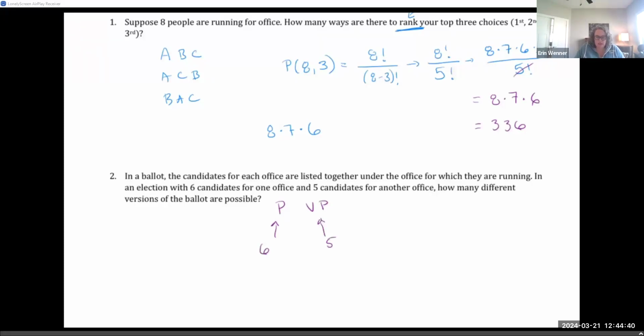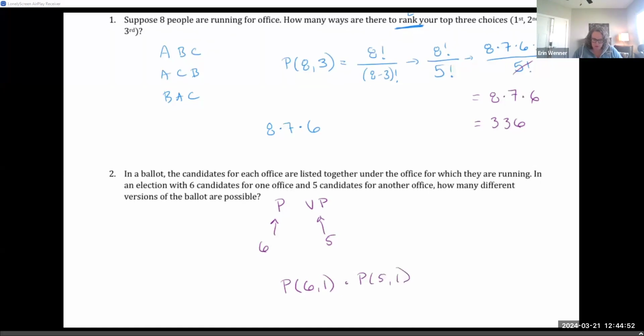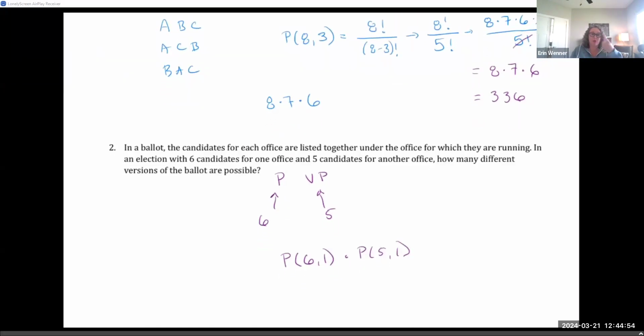If we were looking at this from a permutation standpoint, we could say it's the permutation of 6 choose 1 times the permutation of 5 choose 1, which is a little needlessly complicated, because really, if I have 6 items and I'm choosing one of them, there's 6 ways to do it. So really it's just 6 times 5 ways to choose the other, giving us 30 total possible ballot combinations.